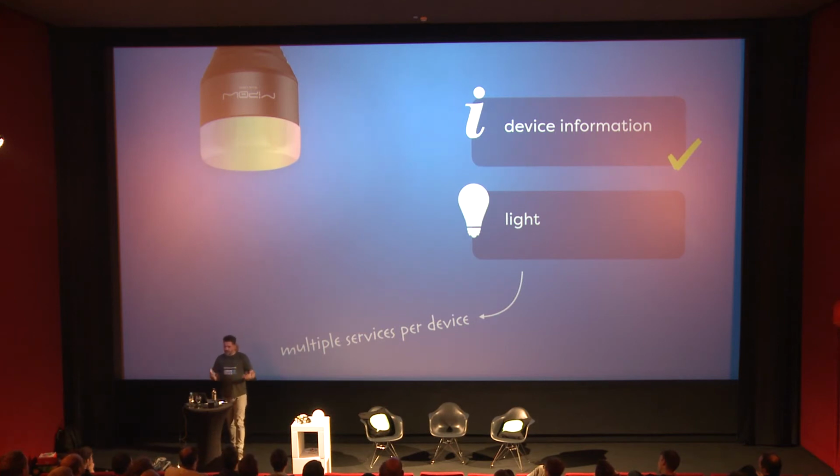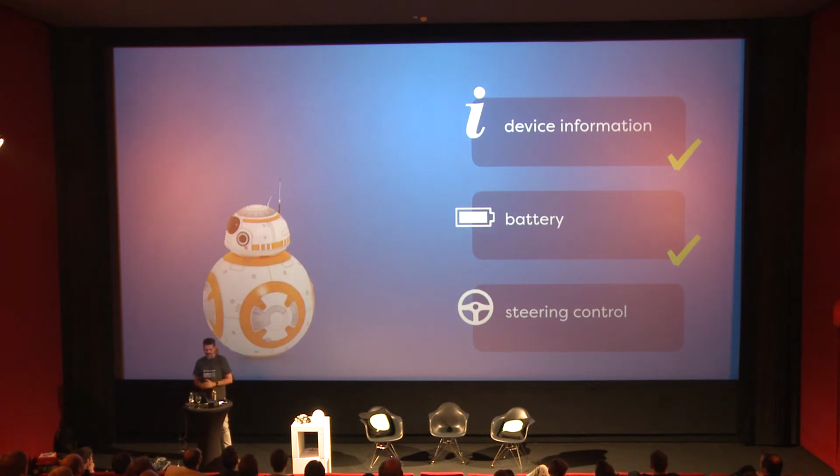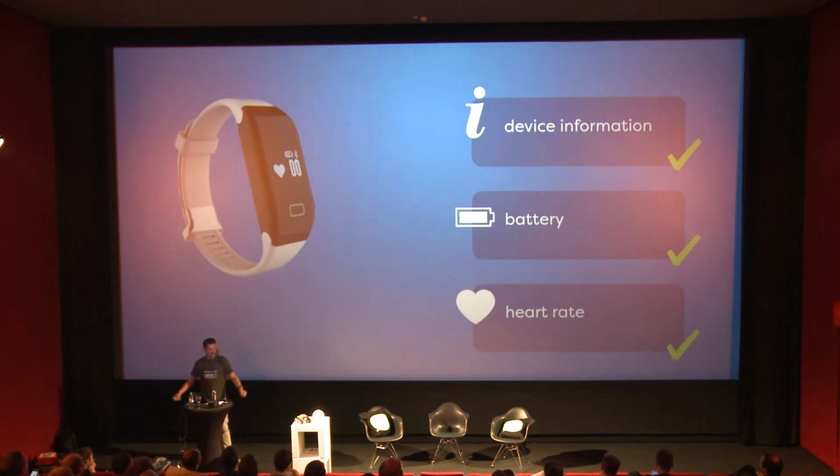And there are multiple services per device. A drone could have a device information service, a battery service, a flight control service. And our cute robot has device information again, battery, steering control. An activity monitor has device information, battery, heart rate. And there's even a standard for heart rate.